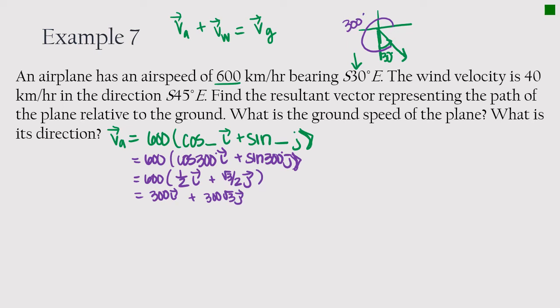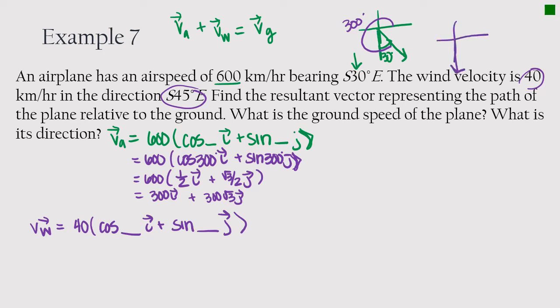Now, if I wanted to find the wind, okay, so the magnitude was 40. Now I've got to figure out this angle. Okay, so the angle was southeast 45 degrees. So south going in the east direction, 45 degrees. So if I were to write that as a full angle, this would be 315 degrees.